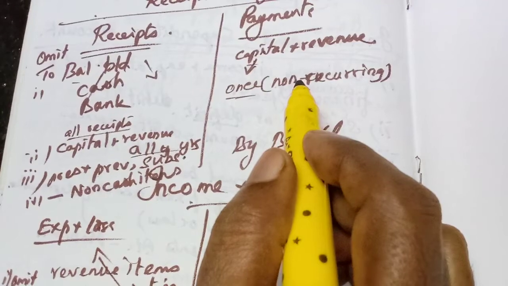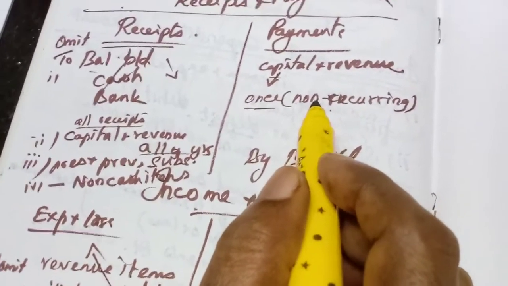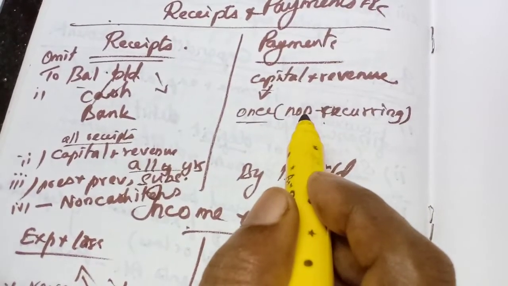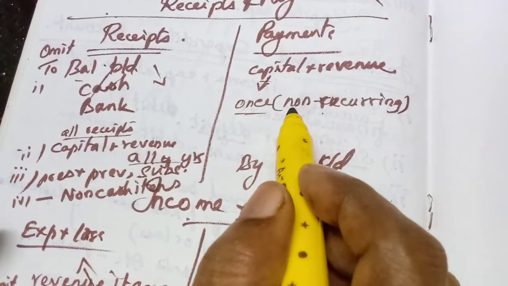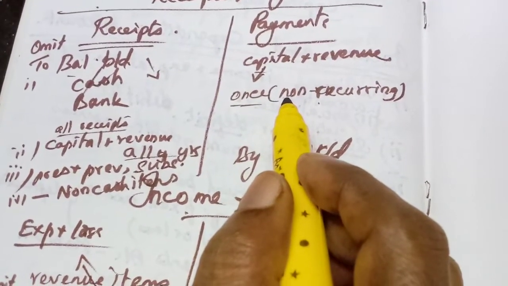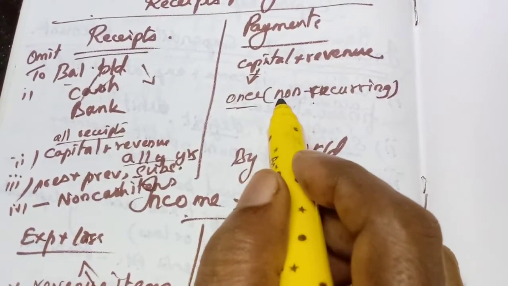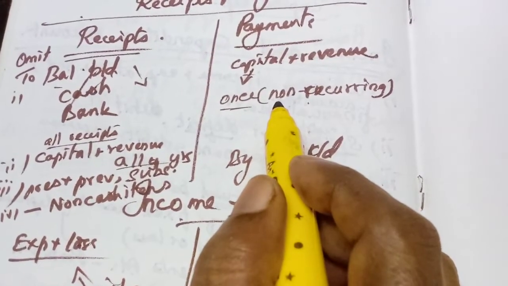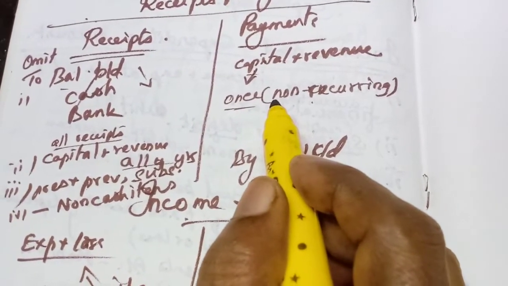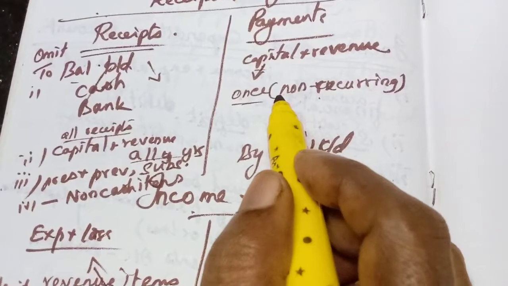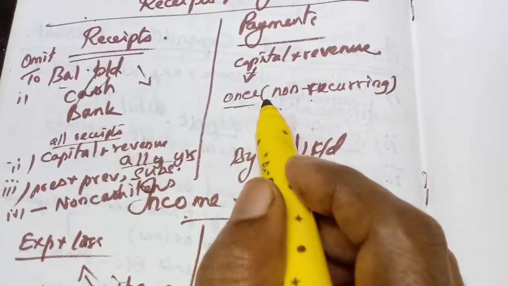Many items we have learnt already, the revenue nature of expenses and income, and the capital nature of income and expenditure. This you have to study from the book, or if any new items are given, you can ask. First you have to see which type of organization it is, a non-profit organization, whether sports, promoting education, or a library.